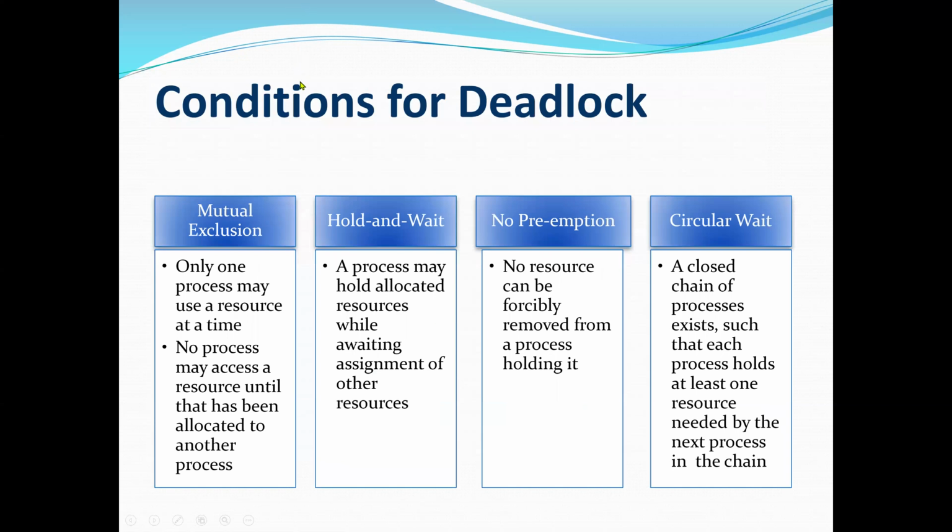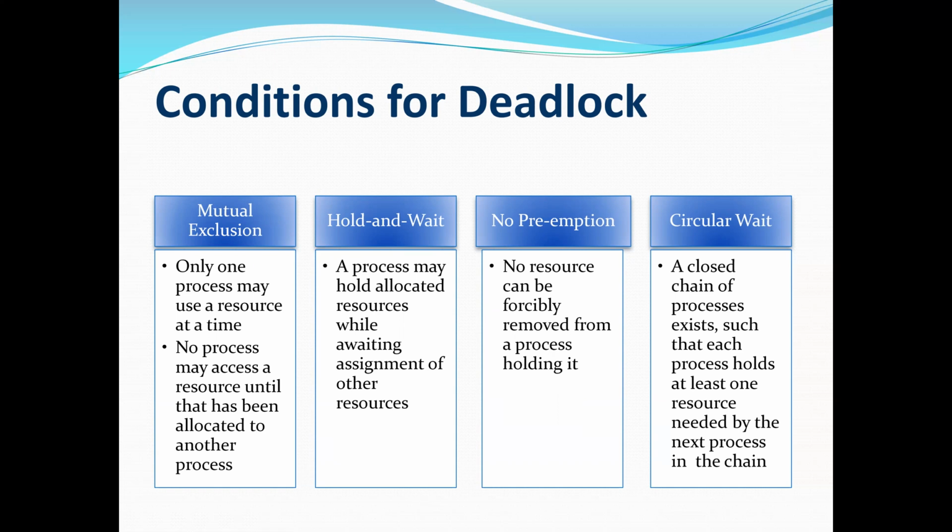So the next is the conditions for deadlock. Sorry, we have 3 conditions of policy that we need to follow. So 3 conditions of policy must be present for deadlock to be possible. First is mutual exclusion. Mutual exclusion means, again, only one process may use a resource at a time.